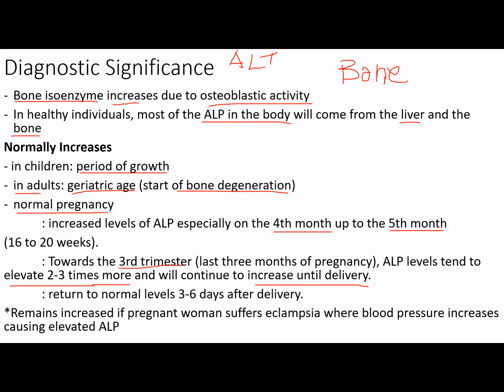Then it becomes 2 to 3 times higher at the third trimester. And it would return to normal levels 3 to 6 days after delivery. Now, it remains increased if a pregnant woman suffers from eclampsia, where blood pressure increases, causing elevated ALP. So, take note of that.